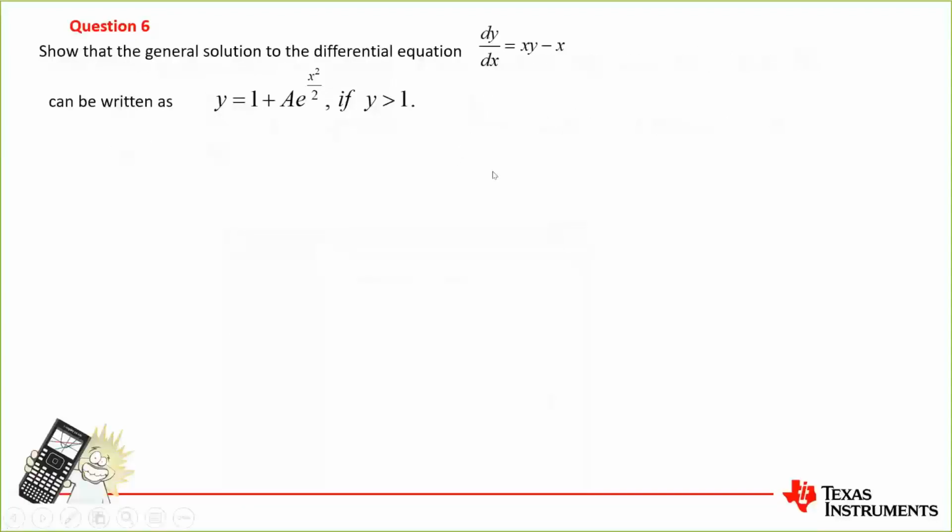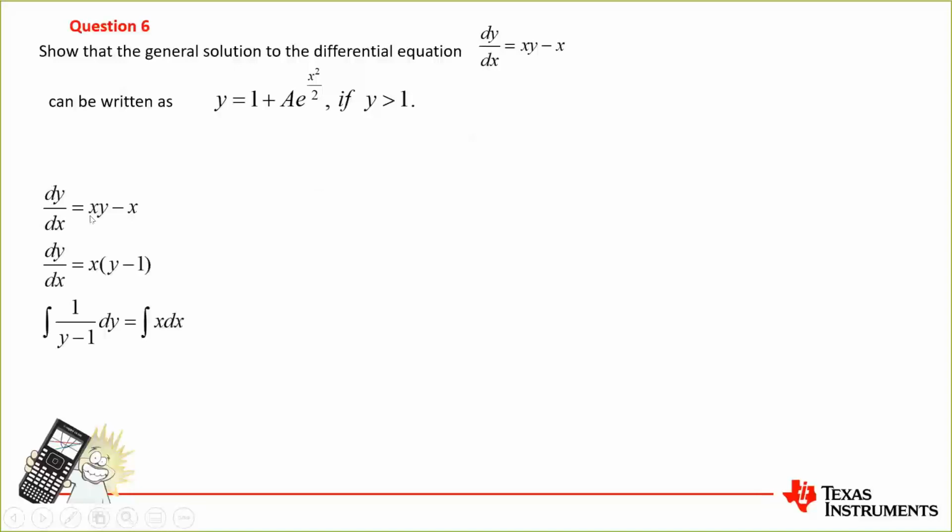Now this question I'll do by hand just to explain how the separation of variables works, and then we'll confirm with the calculator. So our differential equation dy/dx is x times y minus x, which means that we have dy/dx as a function of both x and y. So how would we do that algebraically?